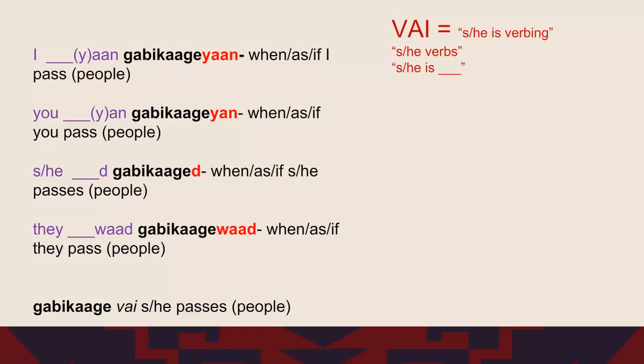When you pass people. For he or she, you'd say gabikaged. When she passes people. For they, you'd say gabikagewad. So that could mean if they pass people, or when they pass people.